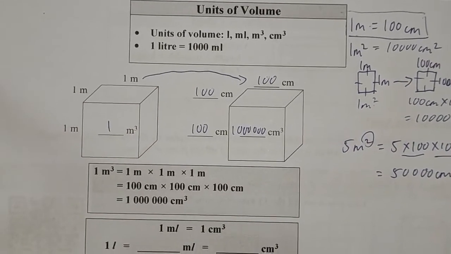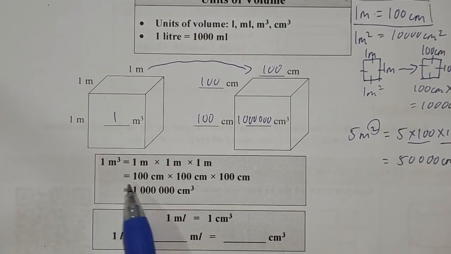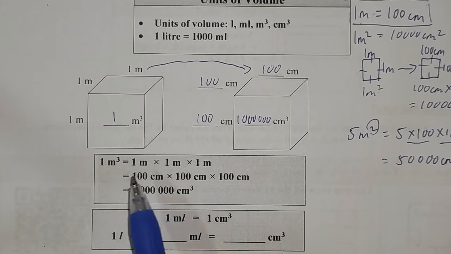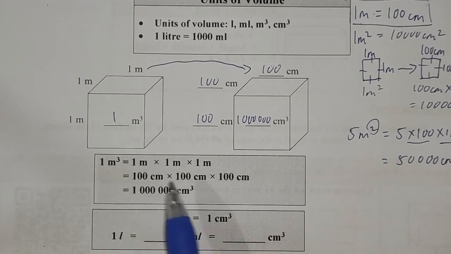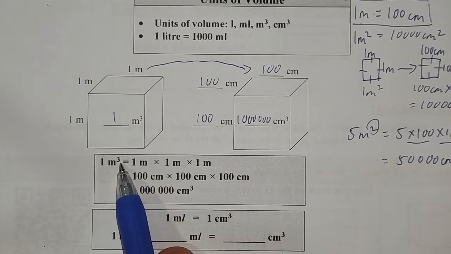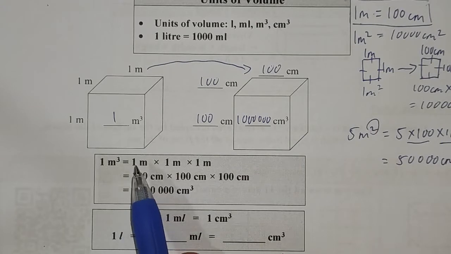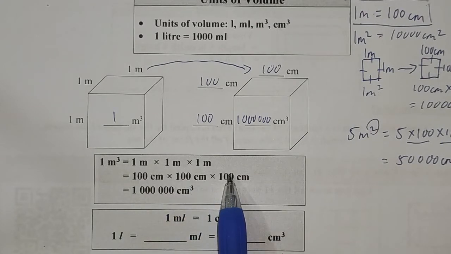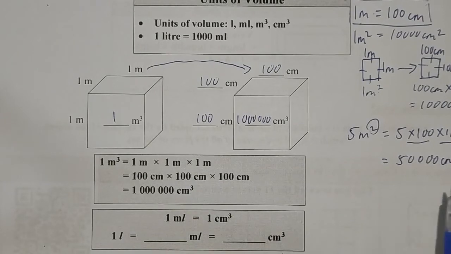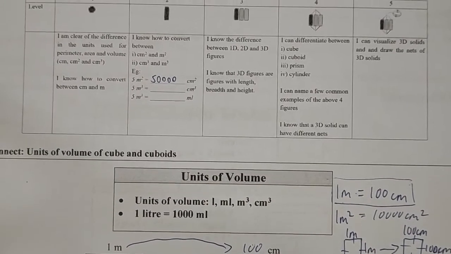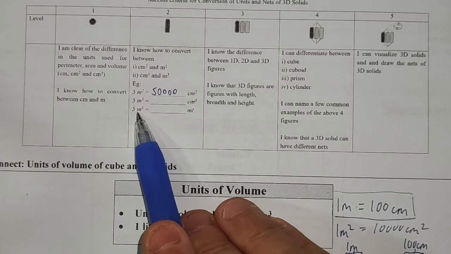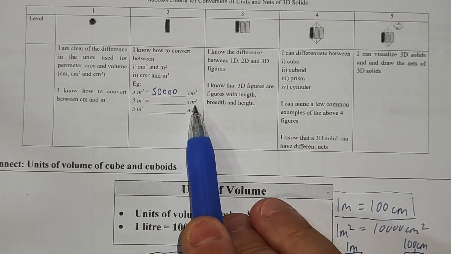So you can see it over here. Same thing, you do not need to remember that 1 meter cube is 1 million cm cube. Just look at the power. It is power 3, a cube, so I need to convert the meters to centimeters 3 times. Back to the objective: 5 meter cube, I want to change to cm cube.